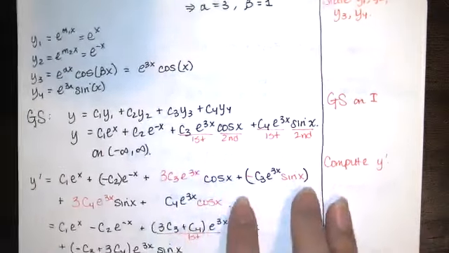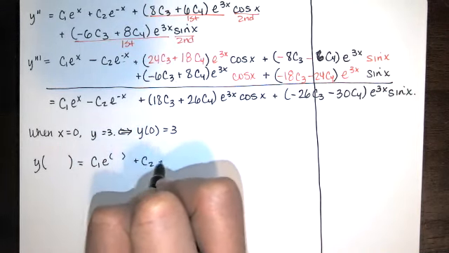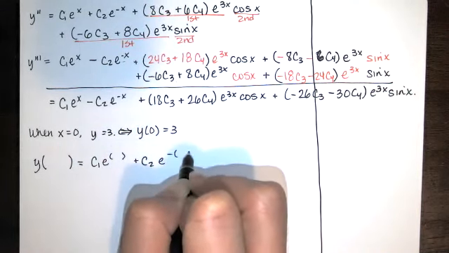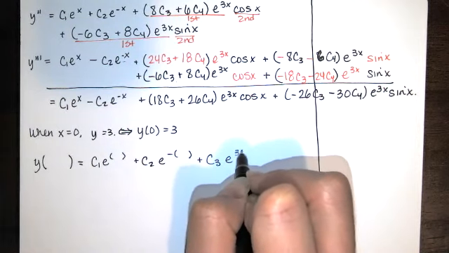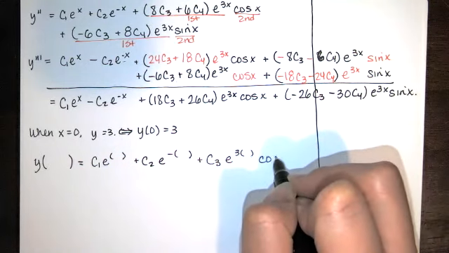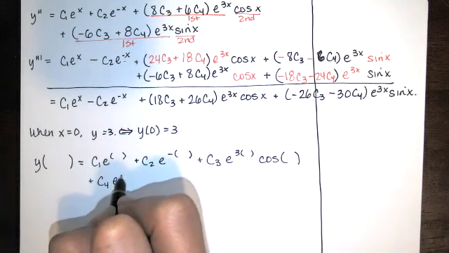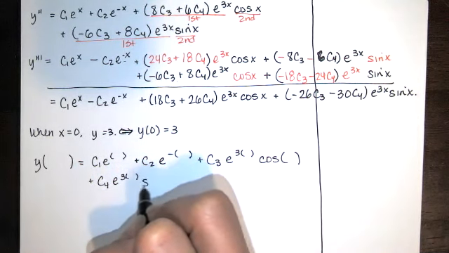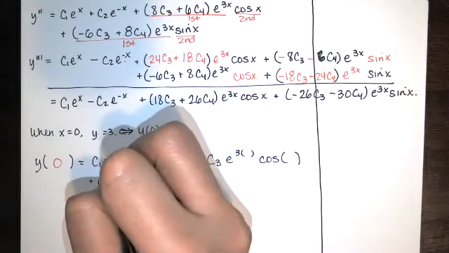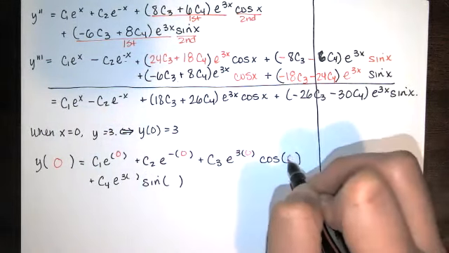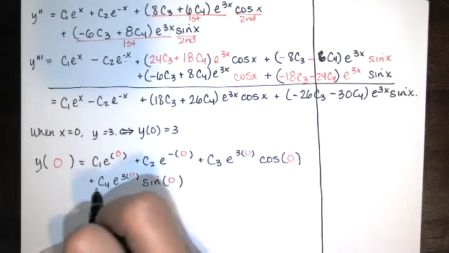So I've got c1 times e to the x plus c2 times e to the negative x plus c3 times e to the 3x times cosine of x plus c4 times e to the 3 times x times sine of x. And I'm replacing all of the x's with 0. Okay, sine of 0 is 0, so this guy is gone.